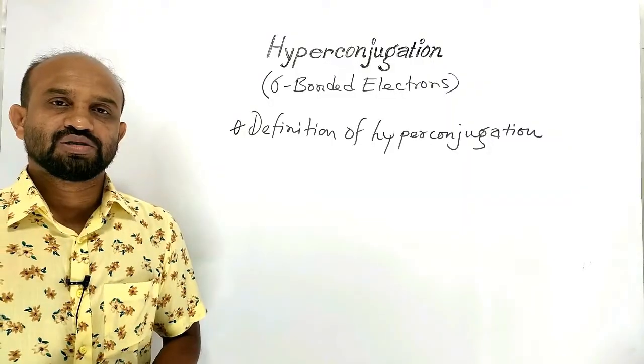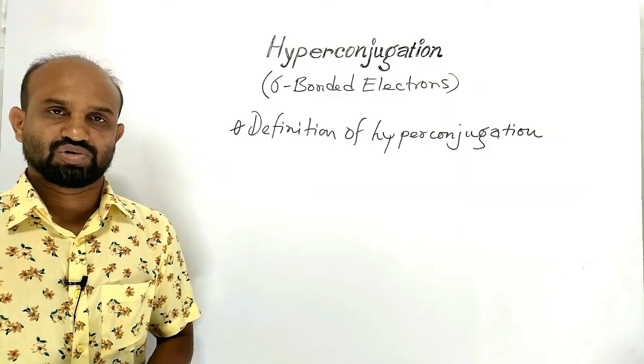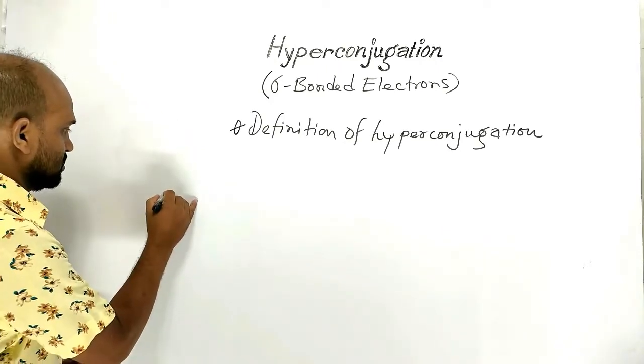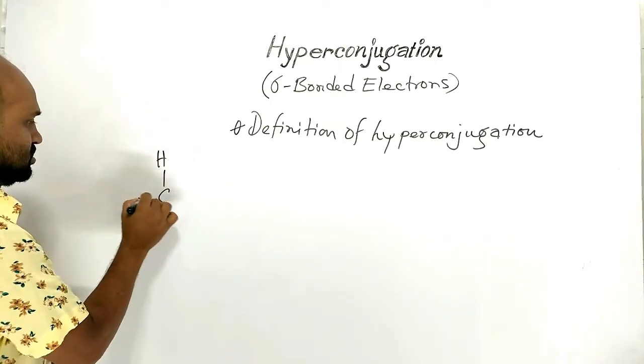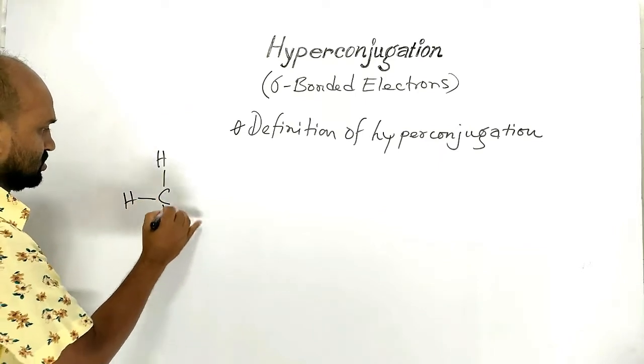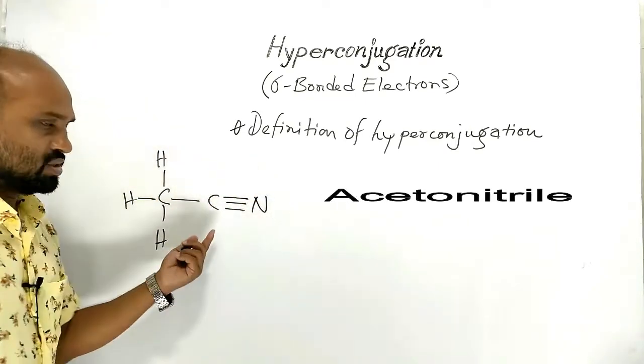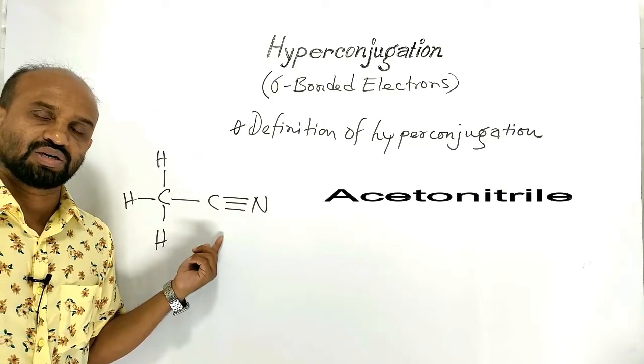The first point is the definition of hyperconjugation. Let's see. This is acetonitrile.